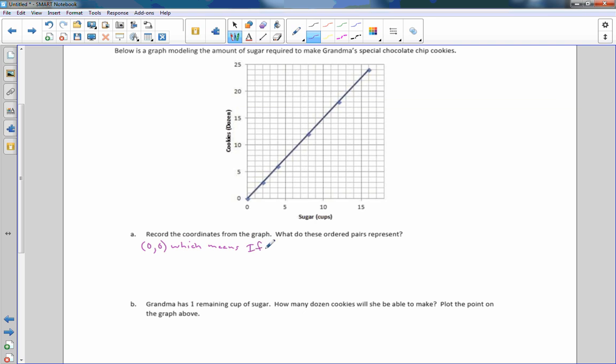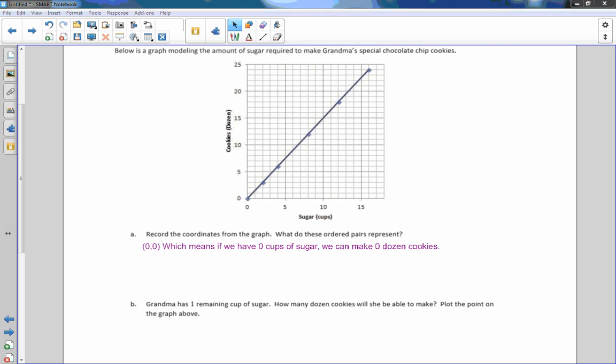If we have 0 cups of sugar, we can make 0 dozen cookies. That's what that means. Okay, so there it is, 0, 0, which means if we have 0 cups of sugar, we can make 0 dozen cookies. I'm only going to pick one more for this.